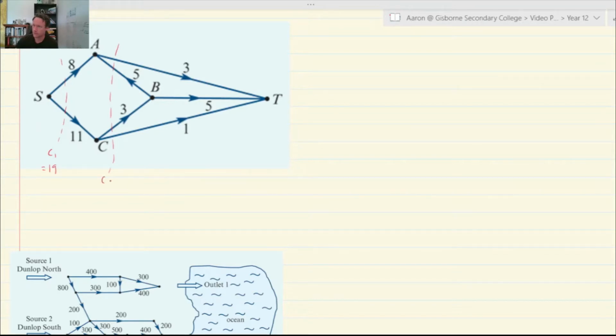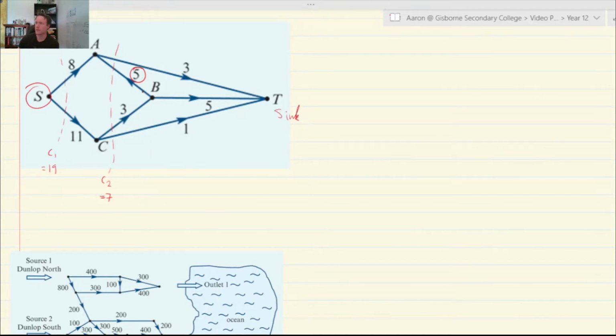Let's call that cut 2. Cut 2 has a flow of 7. Now, you might be saying to yourself that it should have a flow of 12, but this one here isn't counted. We're only counting the edges that flow from the source to the sink. So source, and this is our sink over here.